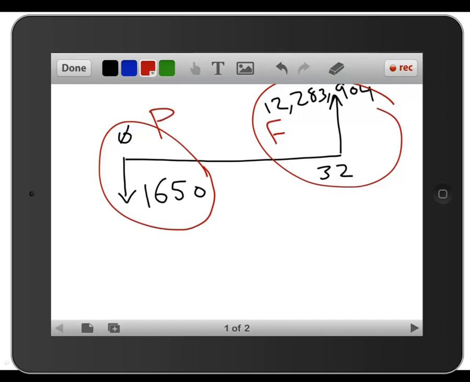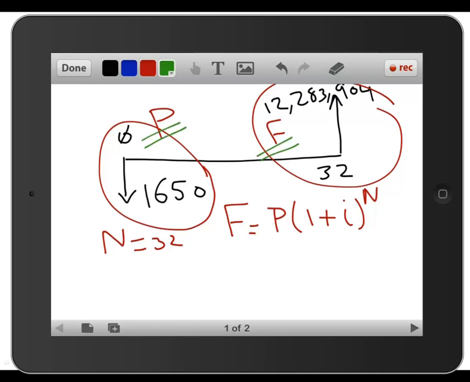So we can use the formula, which is F = P(1 + i)^n, and this is one of the basic formulas that we used at the beginning. Now we know that n is equal to 32. So now I have P, F, and n.